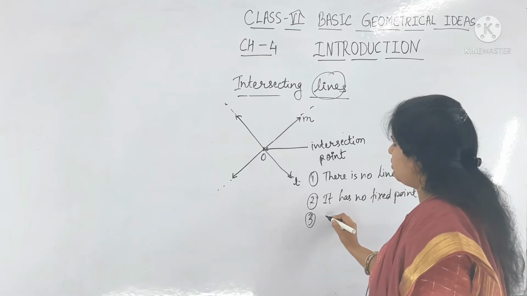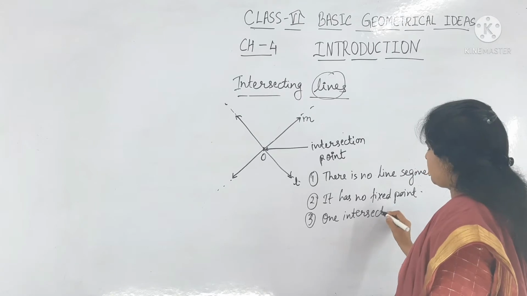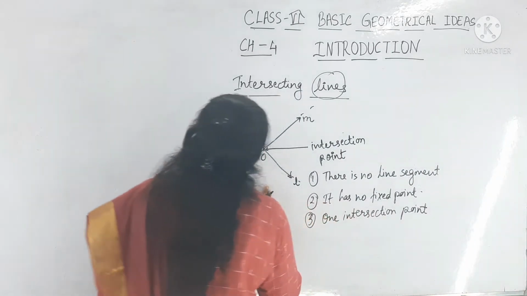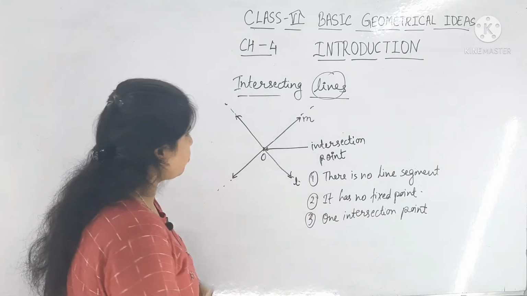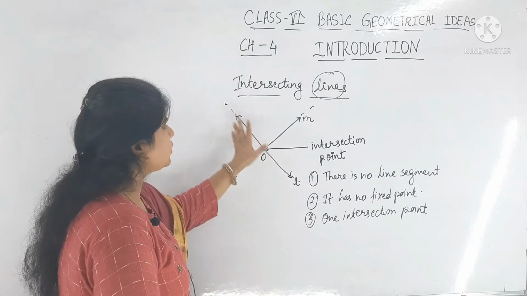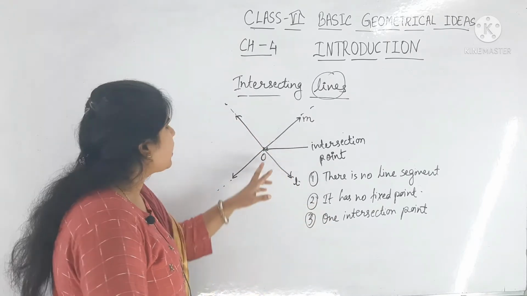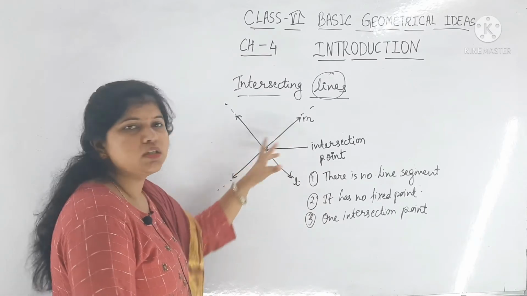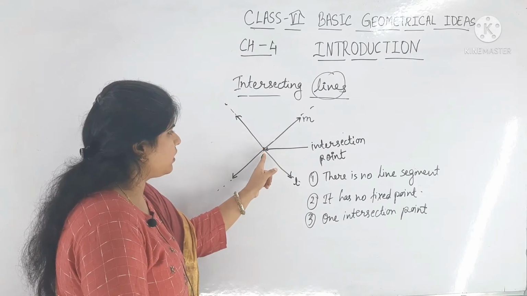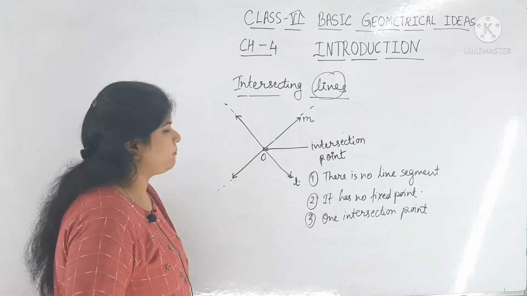Number 3 is one intersection point. Okay, so this is the intersecting lines. You should use these lines only, not the line segment. There is no fixed point, it can be extended anywhere. Okay, and one intersection point where the 2 lines meet. At this intersection I had named it O, so that is the intersection point.